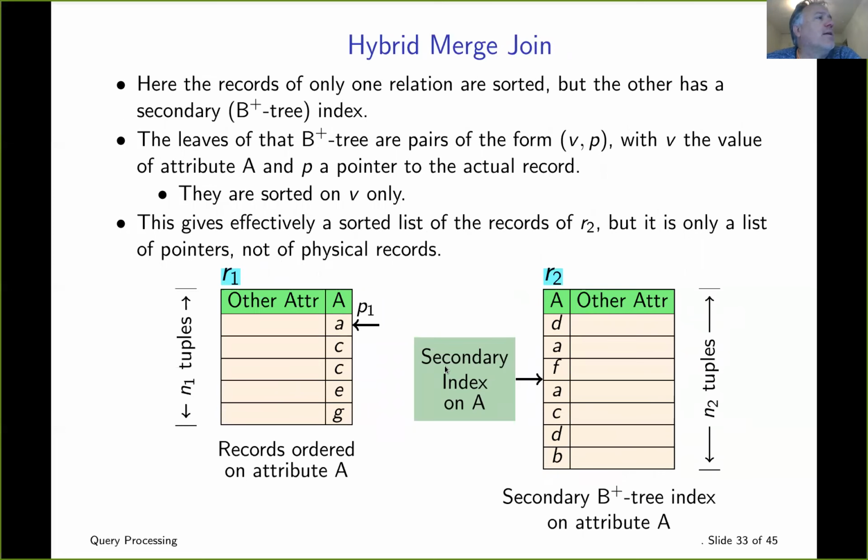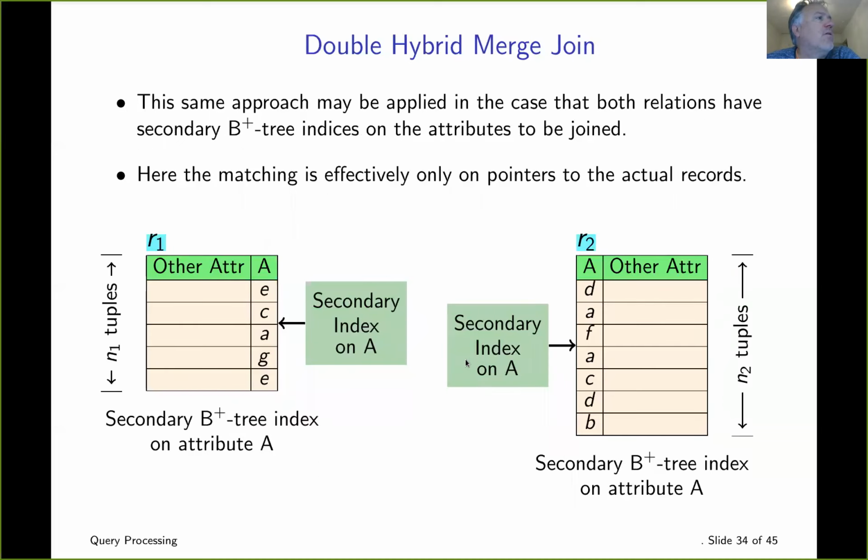A hybrid merge join is where you have a primary index on one and a secondary on another. It's essentially going to give you a major speedup as well. These are ordered on A here, and there's a secondary index on A there. Then the double merge join is where you have secondary indexes on both, so these perform a little bit worse.